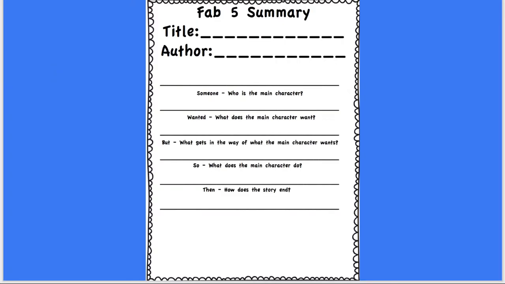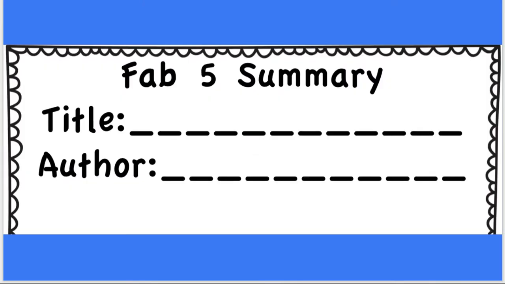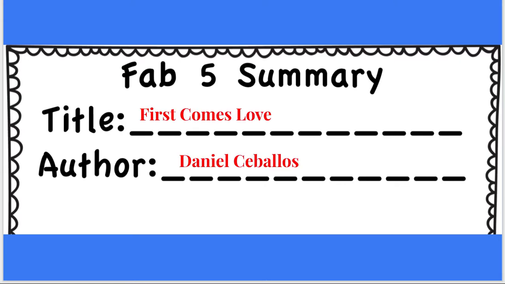Please have the following paper in front of you. You should have the Lesson 15 Fab 5 Summary Part 2 paper in front of you to get started. Now, at any time, you can always pause the video, rewind, and go at your own pace. The short film that you're about to watch is called First Comes Love.